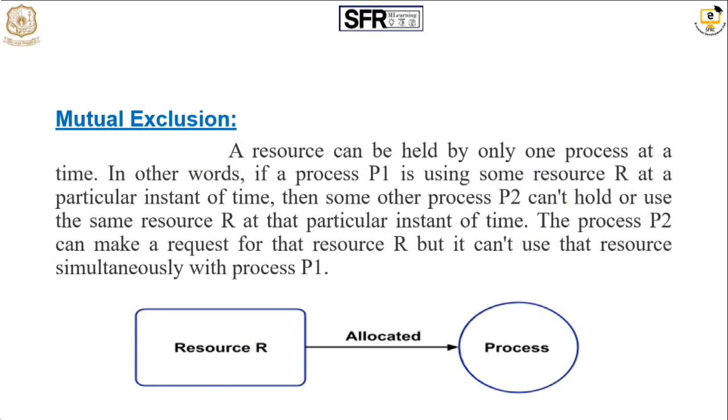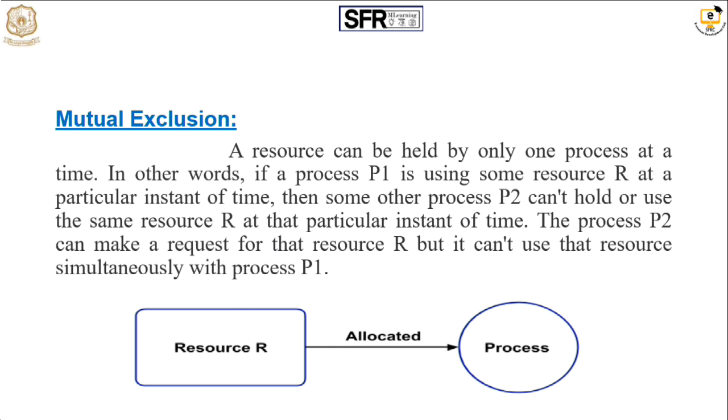Mutual exclusion: here a resource can be held by only one process at a time. In other words, if a process P1 is using some resource at a particular time, some other process P2 cannot hold or use the same resource at that instant of time.